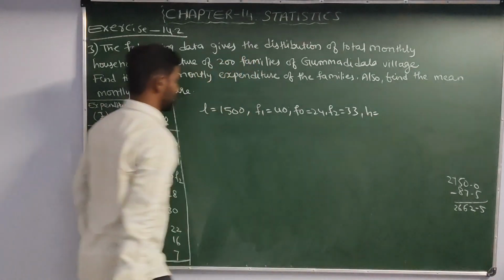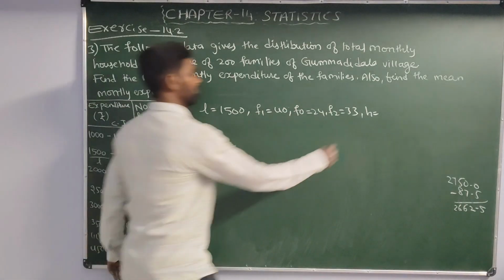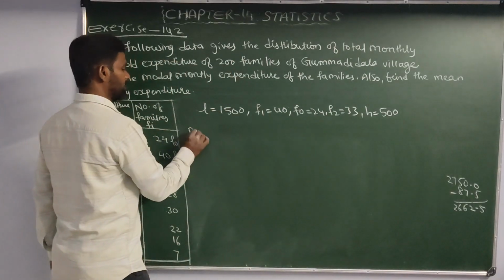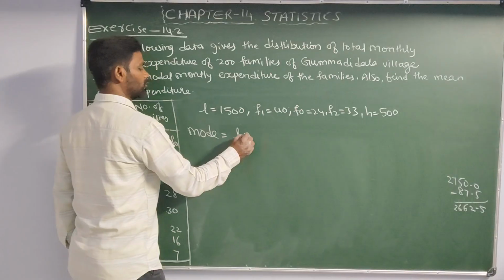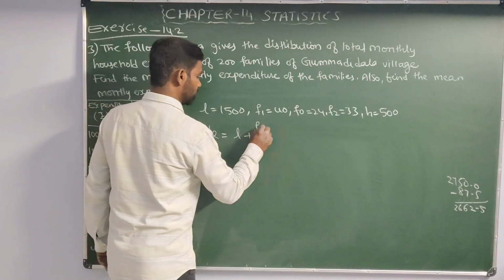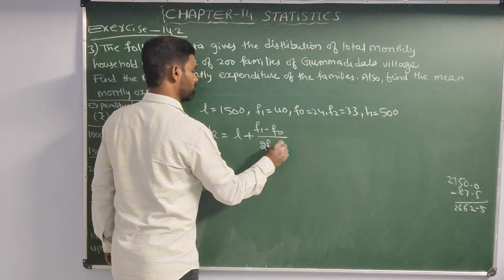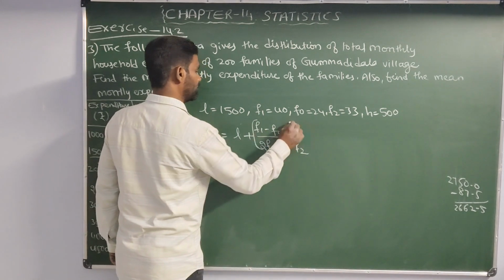Class size. 1500 minus 1000 is 500. Okay, all these things you have right here. And the formula: Mode is equal to L plus (F1 minus F0) by (2F1 minus F0 minus F2) into H.